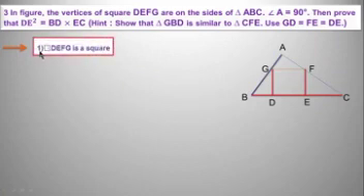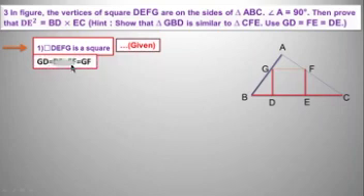Quadrilateral DEFG is a square, that is given. Statement number 1, quadrilateral DEFG is a square. Reason, that is given. GD is equal to DE is equal to EF is equal to FG. Why?